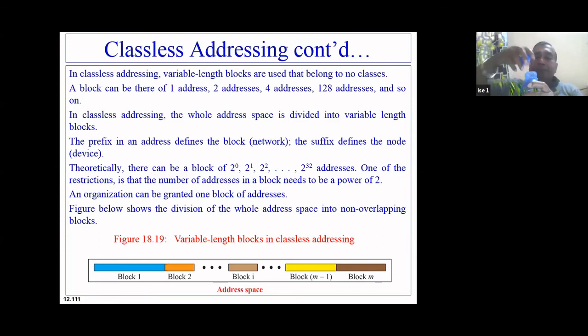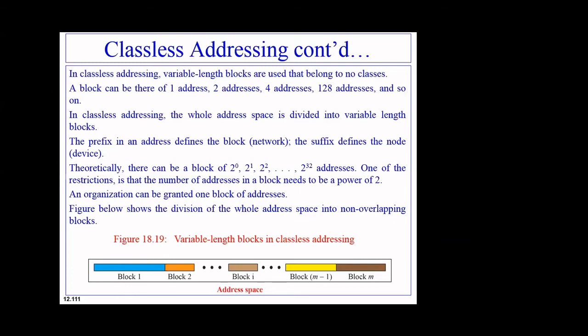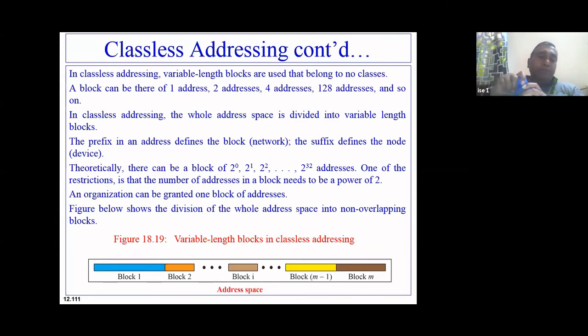But here there is no such division. The prefix can be a block of a power of 2.